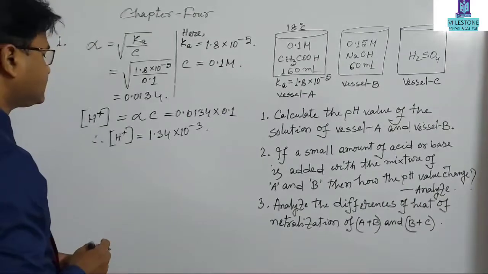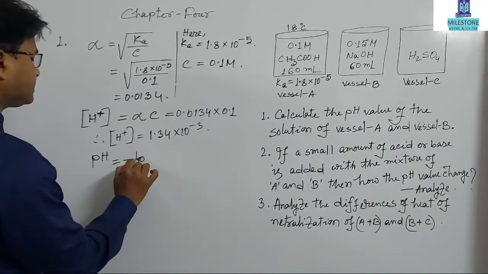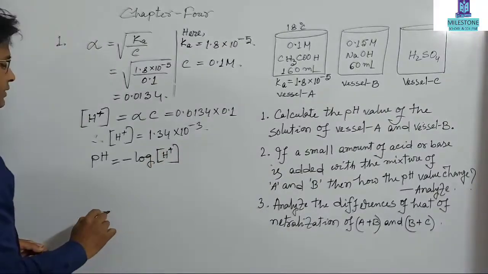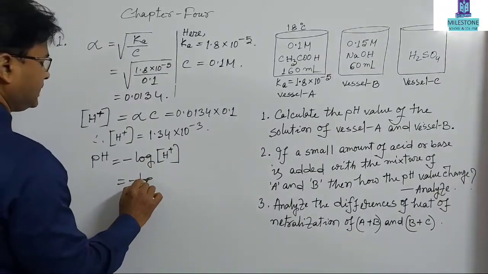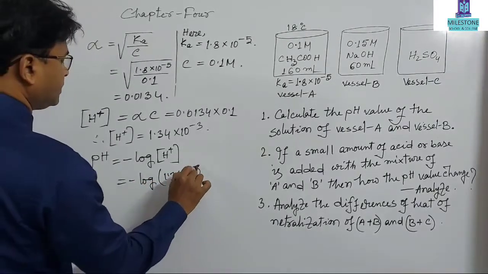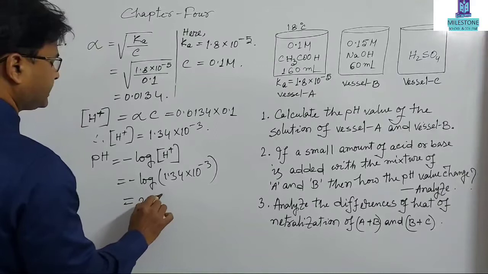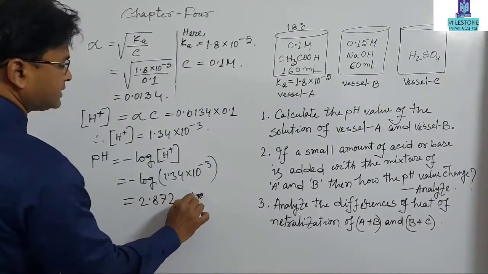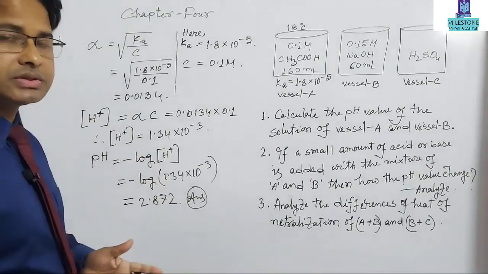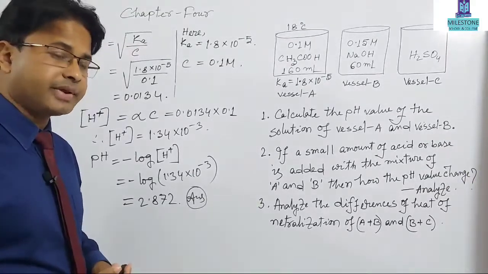And dear students, we know that pH is equal to minus log of the molar concentration of H plus ion, which is equal to minus log 1.34 into 10 to the power minus 3, which is equal to 2.872. This is the answer. And this Ostwald's law is applicable only for weak acid or weak base.